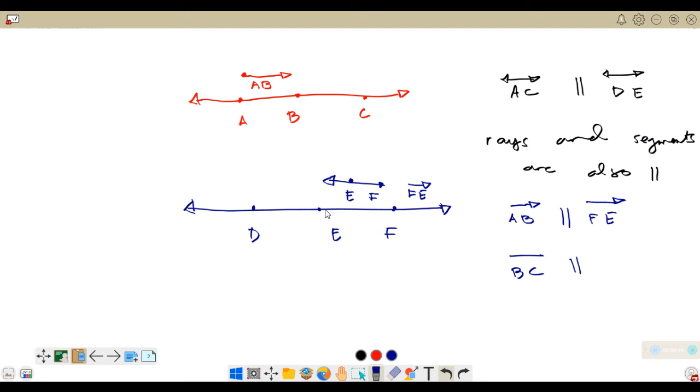Parallel yan with segment DE. Okay? So, kapag component sila ng dalawang parallel na line, automatically yung rays and segments within those two lines are also parallel. Okay?